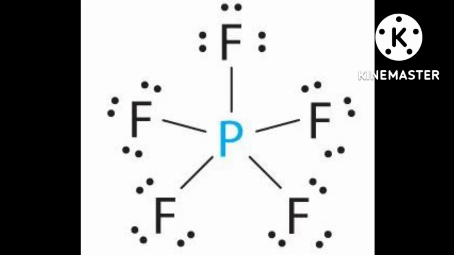Now see what will happen, how molecules exist. Octet is not completed, because if you count for nitrogen, 4 plus 2, 6.